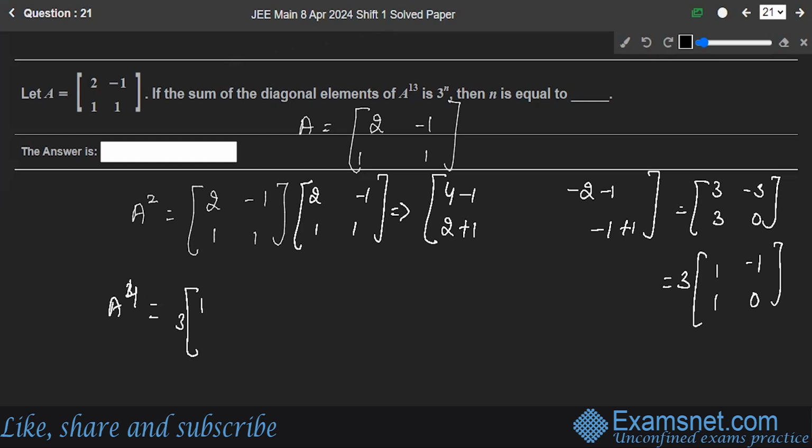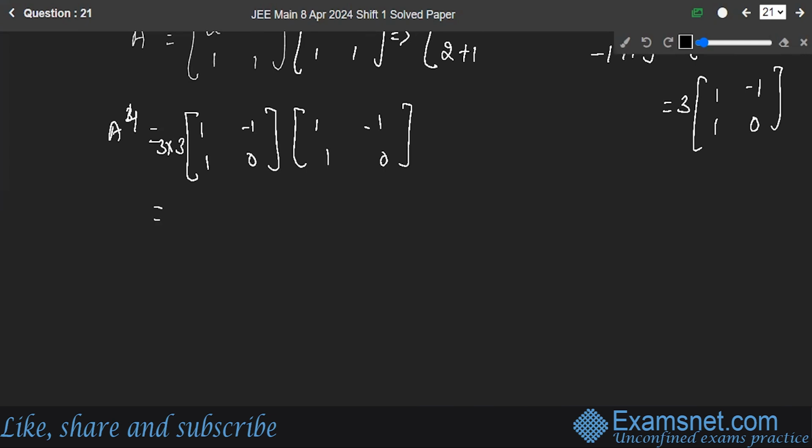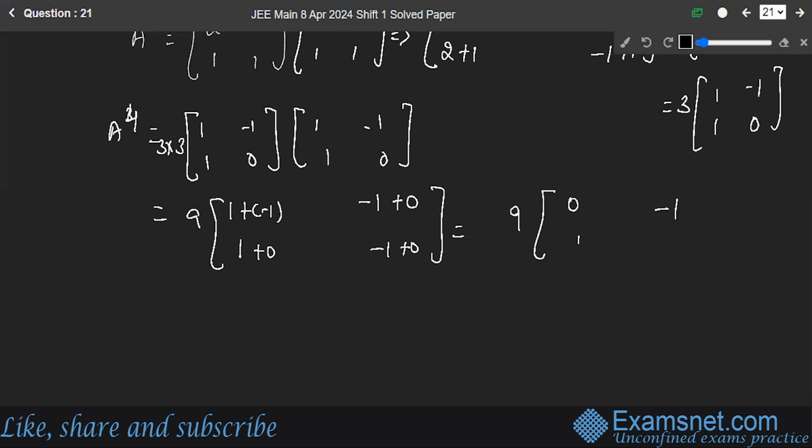So 3, 1, minus 1, 1, 0 into this. This will give me 9, 1, minus 1 and minus 1 and 0, 1, 0, minus 1, 0. Or you will have 9, 0, minus 1, 1 and minus 1.